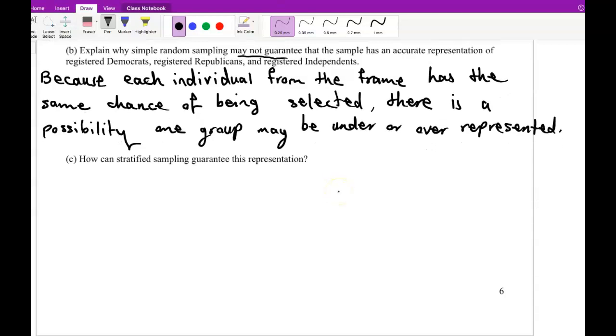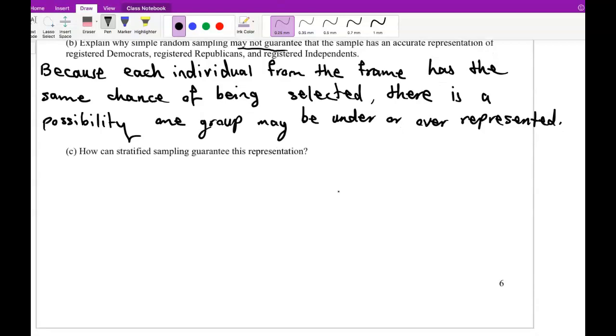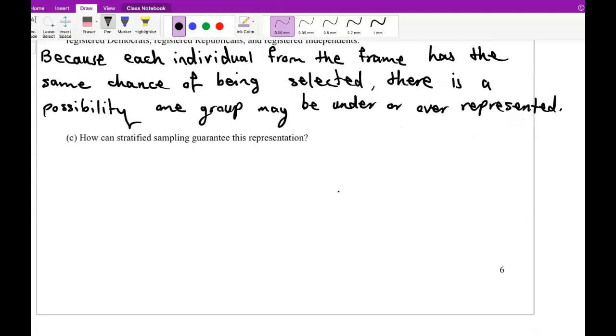And part C, how can stratified sampling guarantee this representation? So instead of using a simple random sampling, we can use a stratified sampling to guarantee this representation.